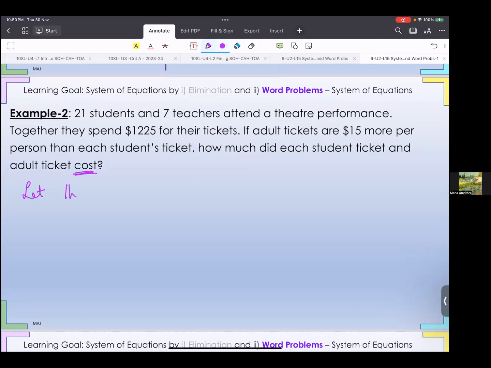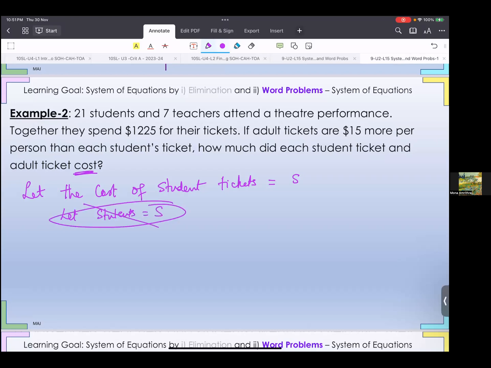Let the cost of student tickets equal S. What I don't want to see is "let student equal S," okay? That is something I do not want to see. You want to talk about a variable that's a measurable quantity, like number of students, or the cost of the ticket, or the number of vehicles, or the number of kilometers driven.